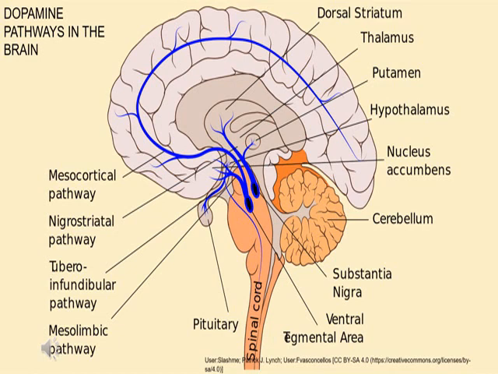So those are the two. I've said there are three, but lumping the mesocortical and mesolimbic together, those are the two other of the three pathways. We're interested today in the third one, which projects from the substantia nigra, which is so named because it stains black, so black substance, to the striatum, which lies just under the cortex.